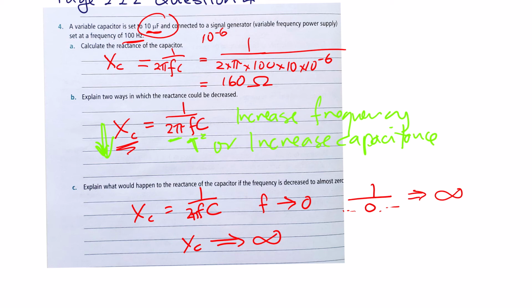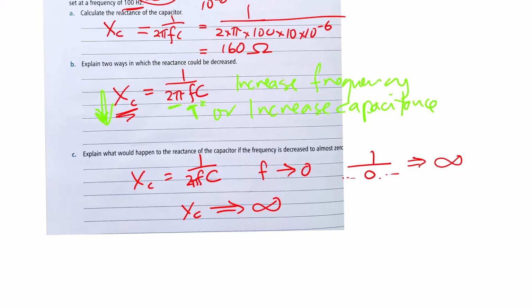Okay, I just thought I'd add something to that. Remember how frequency and period are reciprocals. As the frequency goes to 0, the period for charging the capacitor goes towards infinity. So just think for a moment of charging a capacitor.